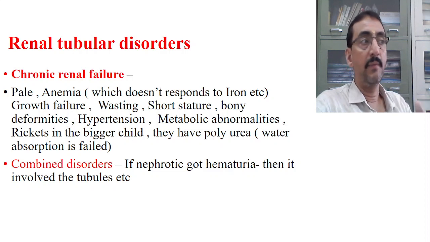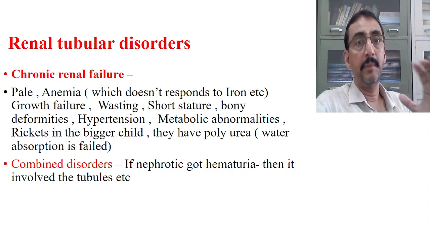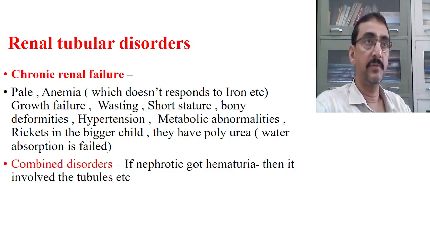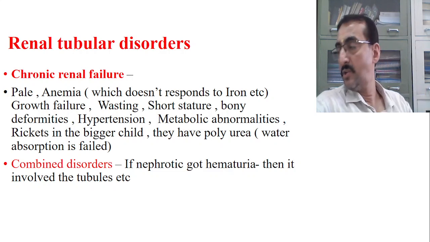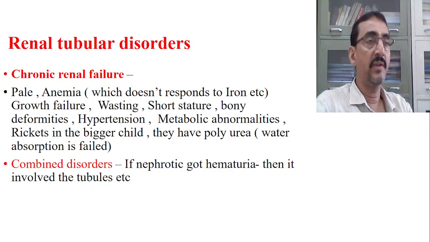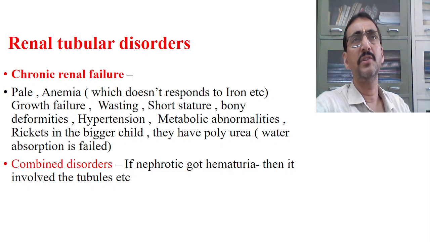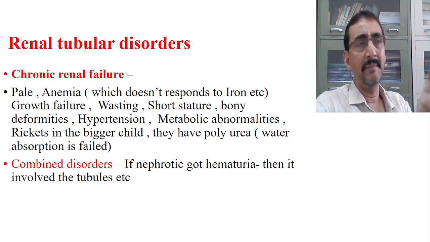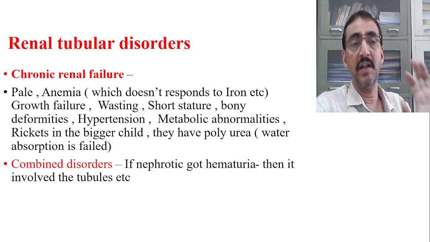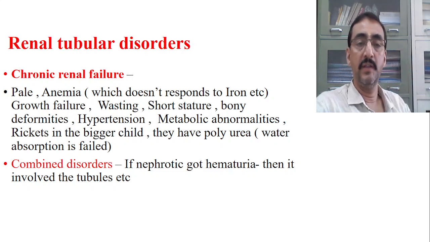This anemia will not respond to iron preparations; it is resistant. Then there is growth failure, wasting, and short stature. Short stature in a child, always think about chronic renal problems. A pale-looking, short-statured child, always think about renal disorders, bony deformities.